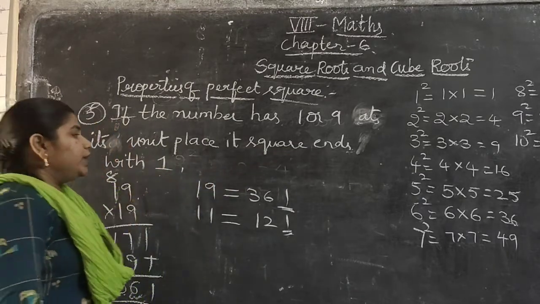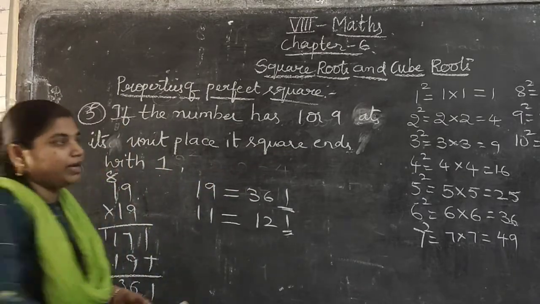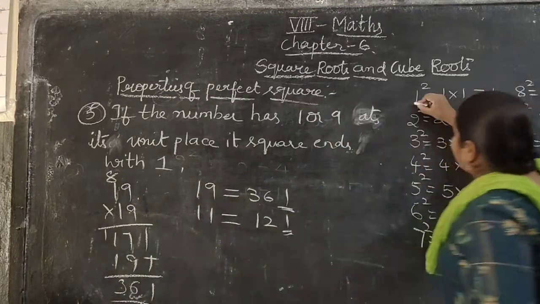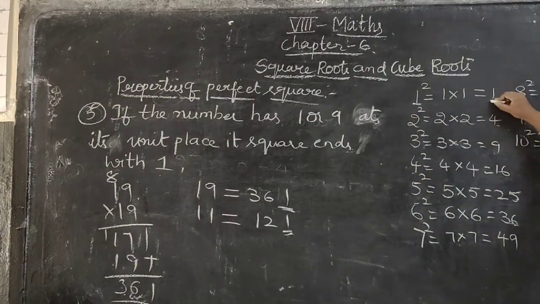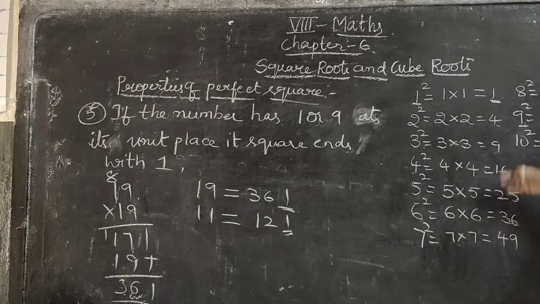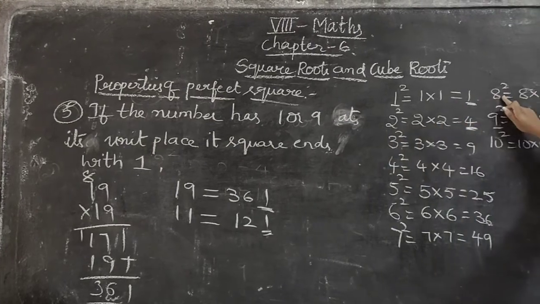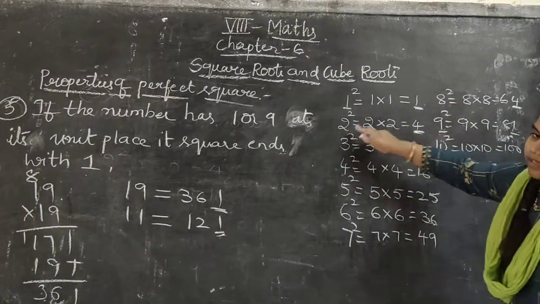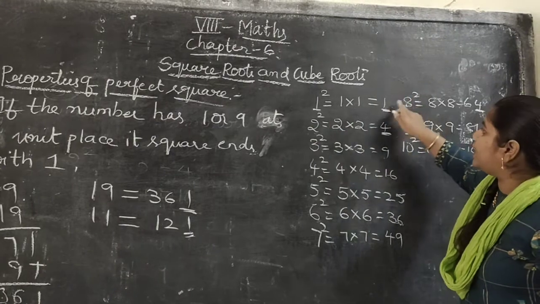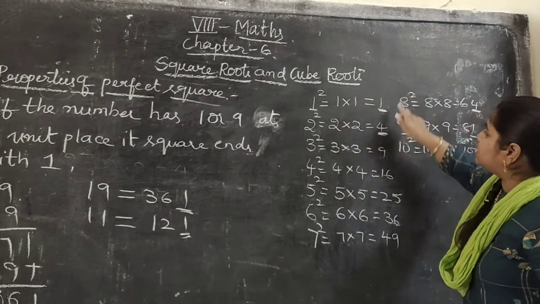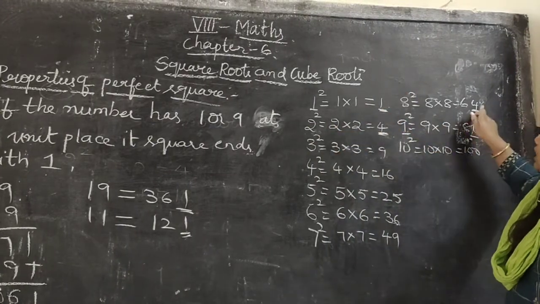In the same way, if you take the other values here, you can observe. If it is 1, the units place will be 1. In the same way, for 9 square, the units place will be 1. Like that, which different digit is repeating here? 4. That means if your number has 2 or 8 at its units place, the square number will always end with 4.